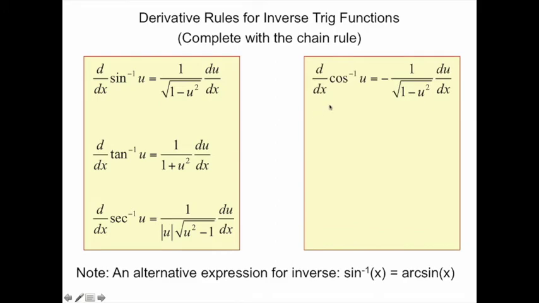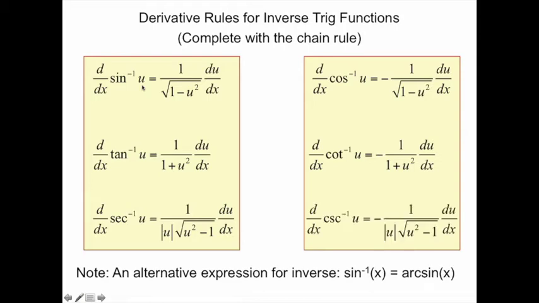And then the other three: the inverse cosine we did in an example on an earlier slide. Here's the cotangent. Notice the cotangent is just the opposite of the tangent, just like the cosine was just the opposite of the sine. And you might have guessed it, the cosecant is just the opposite of the secant.